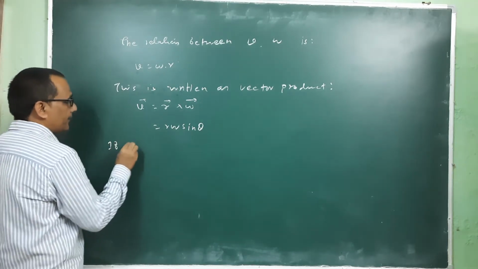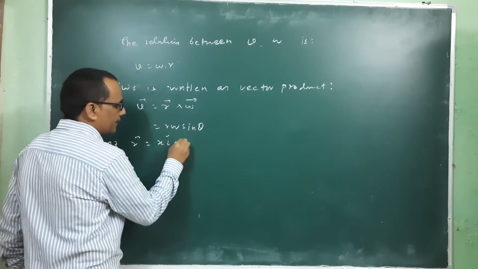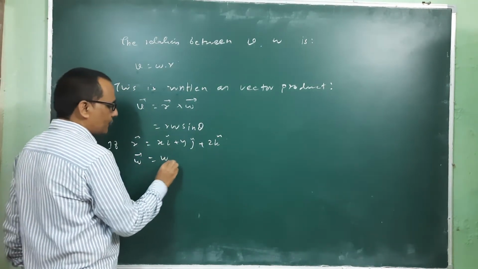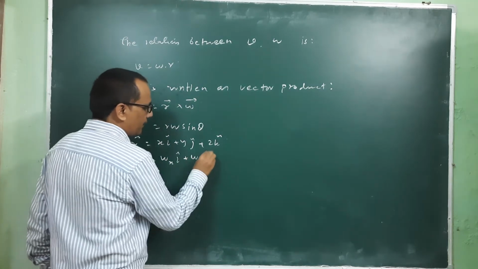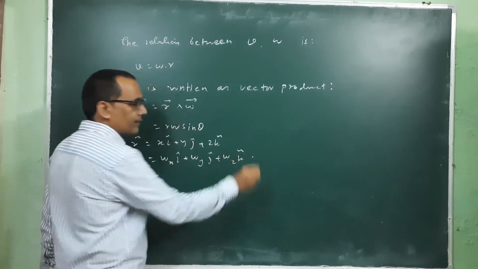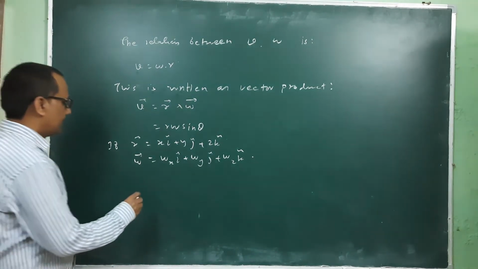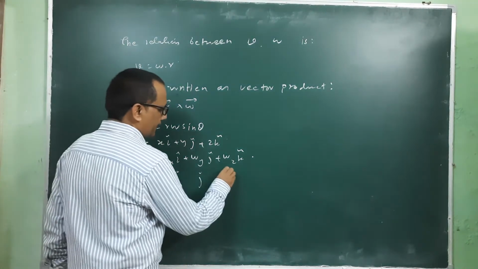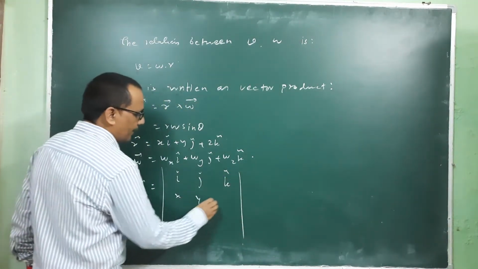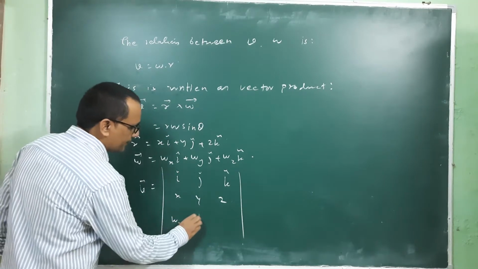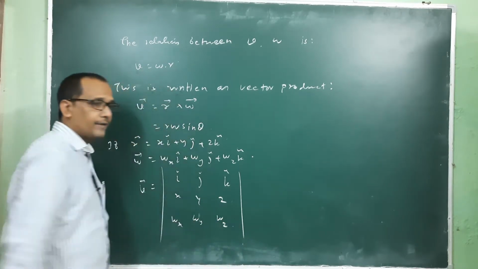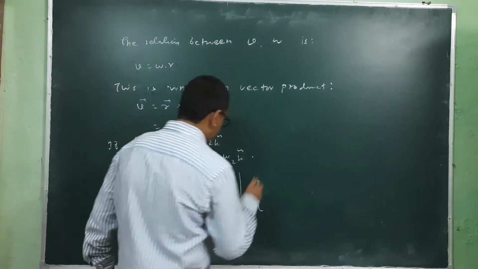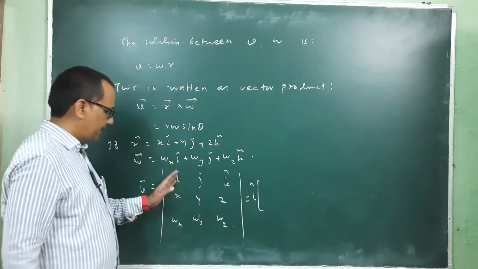Or if we take r as equivalent to x i plus y j plus z k, and omega as equivalent to omega x i plus omega y j plus omega z k, the three components along the three directions, then this v can be written as a determinant with i, j, k, then x, y, z, and omega x, omega y and omega z.